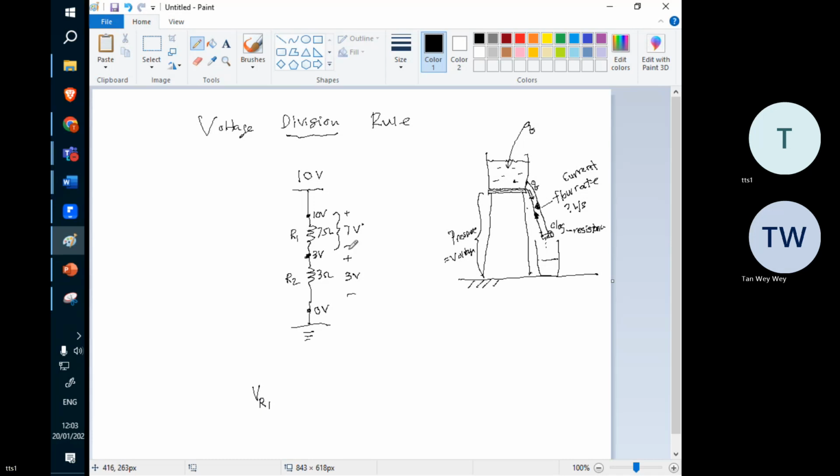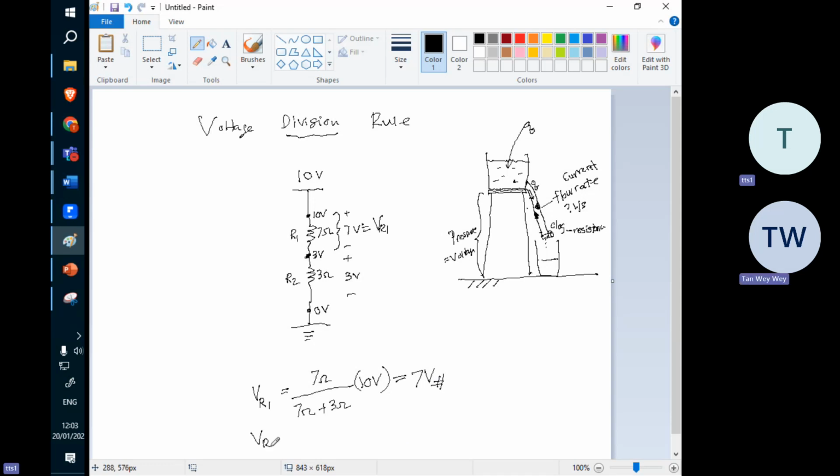VR1 here, actually, you can use the ratio. VR1 is 7 ohm over the total, 7 ohm plus 3 ohm. The 7 ohm shares this 10 volt, so it shares 7 volt.